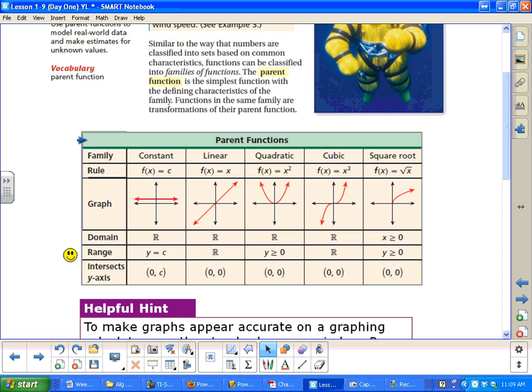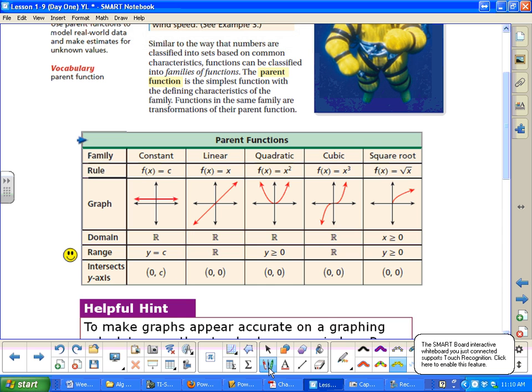So any of them that have an odd power, the range is going to be all real numbers. Any of them that would have an even power or a fractional power, then there's going to be some restrictions. And then it tells where it intersects the y-axis, which we call the y-intercept, right?